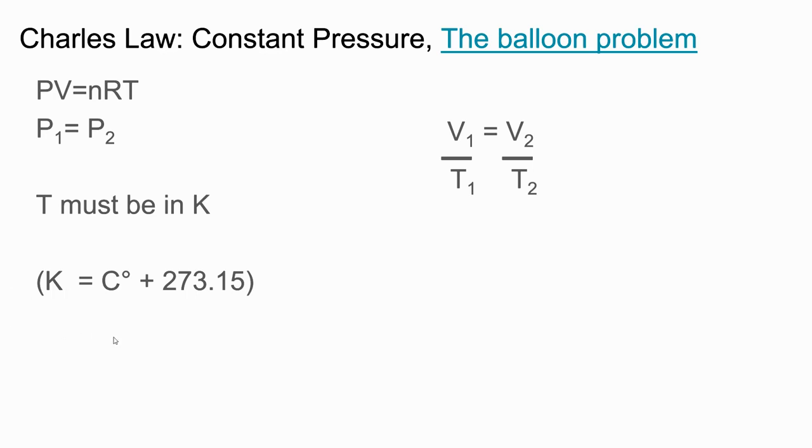So Kelvin is equal to Celsius plus 273.15. The 273.15 does not count towards the sig figs. You have to look at the Celsius, and then you have to think about when you're adding and subtracting, how do we get sig figs? Do you remember? When we're adding and subtracting, how do we keep track of sig figs?